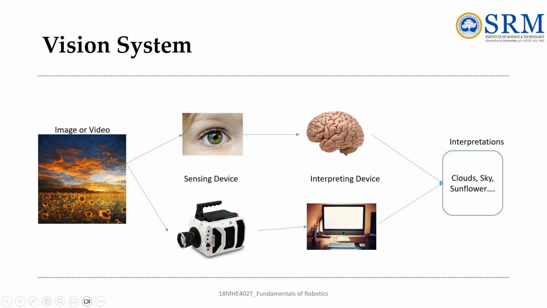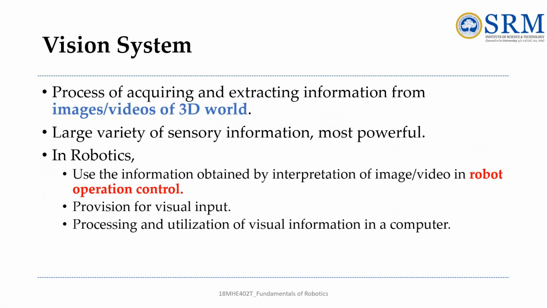Okay, next, so what is a vision system? So vision system for robots involves capturing and understanding information from images or videos of the 3D world. It's like giving the robot the ability to see and make sense of its surroundings. So this is a powerful way for robots to gather a wide range of information.